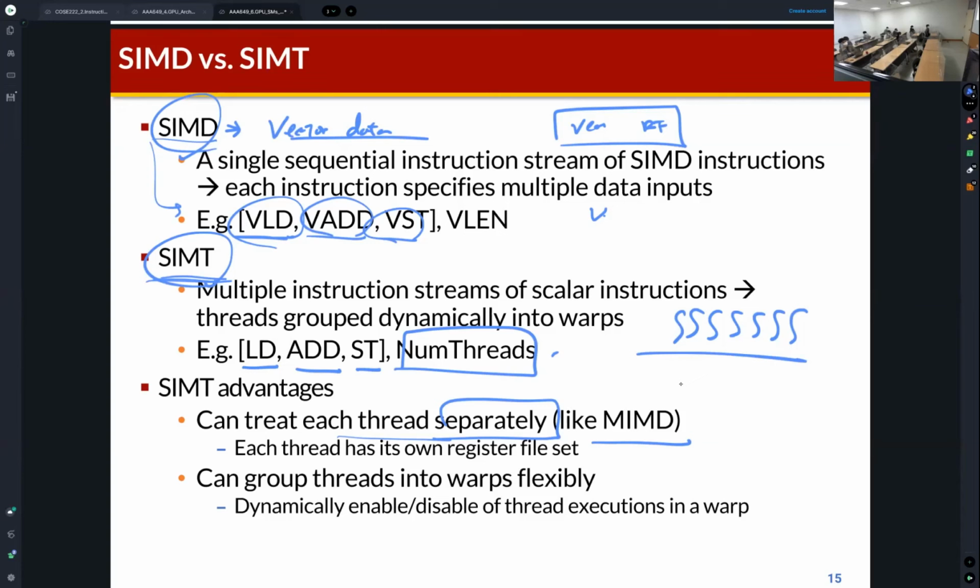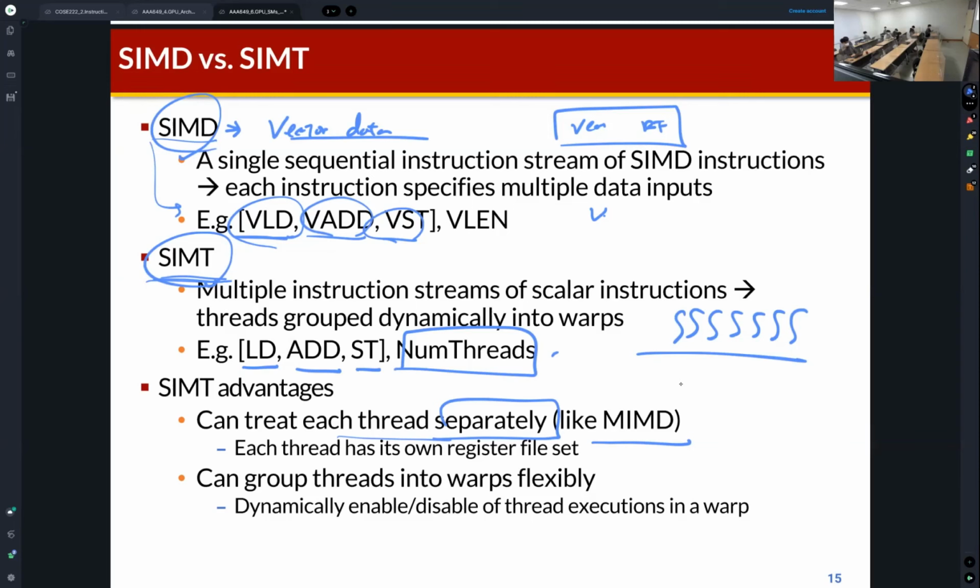That's why NVIDIA advertised that GPUs can execute thousands of threads concurrently, but the Intel Xeon can only execute 60 or so concurrent threads. So you can just compare 1000 or 60.